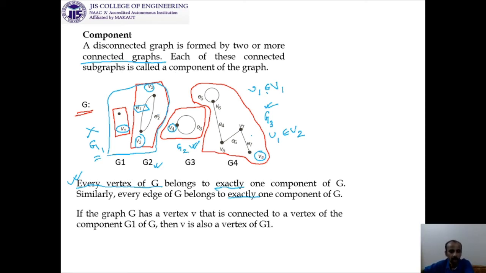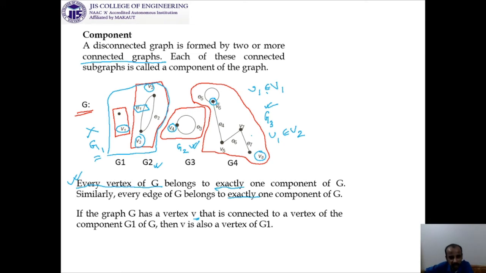Okay. Next, if the graph G has a vertex V that is connected to a vertex of the component G1 of G, then V is also a vertex of G1. What does this property tell us? It tells us that we have a graph G and it has a vertex V that is connected to a vertex of component G1. Let us take an example. Suppose I am taking V6.